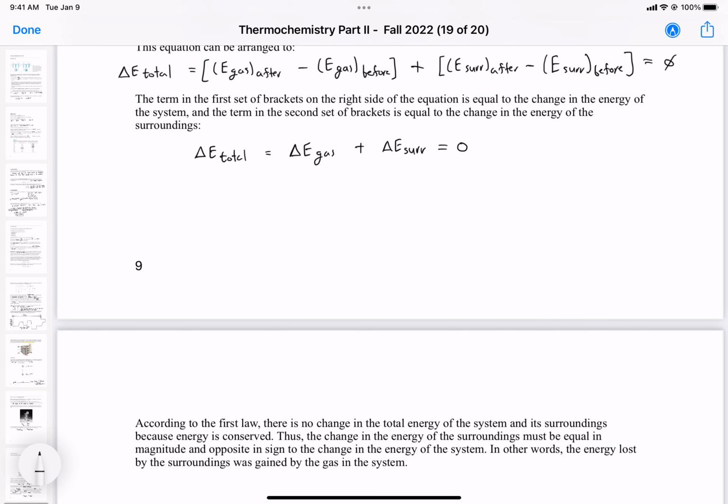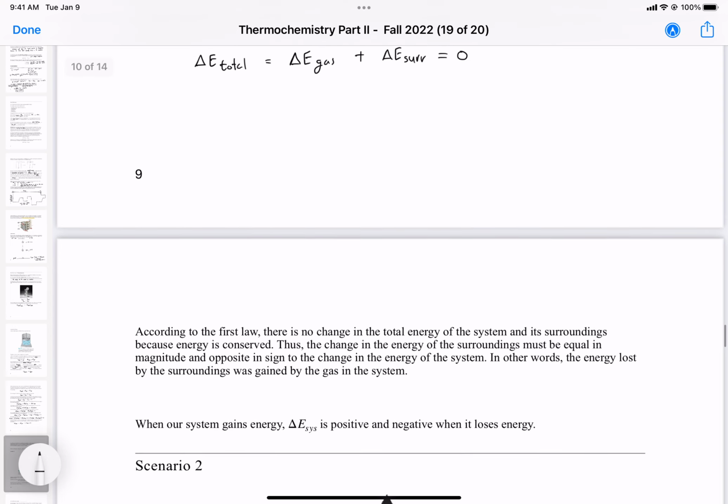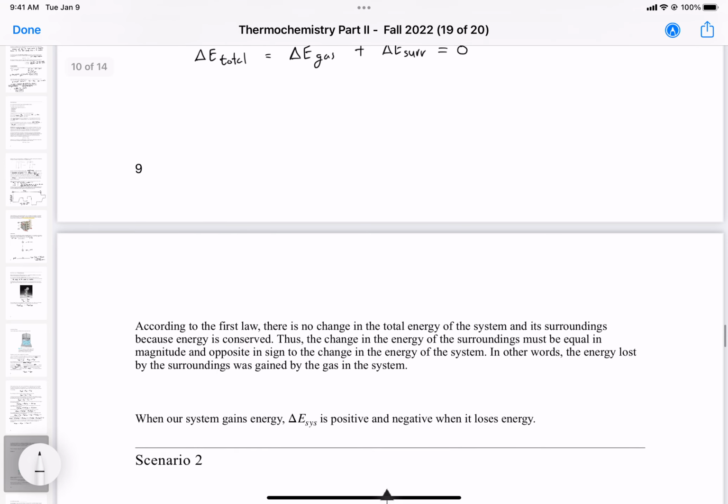So we can now rewrite this equation as delta E gas equals negative delta E surroundings.